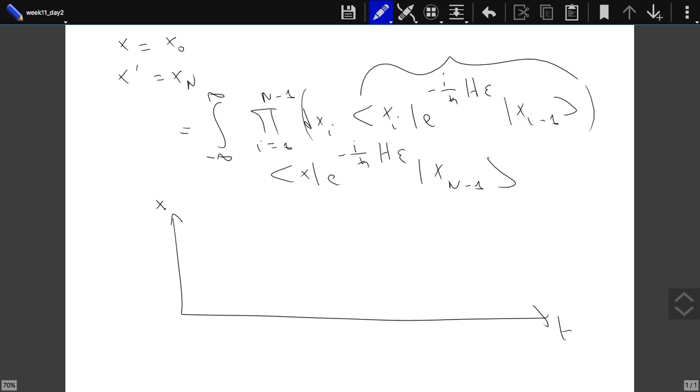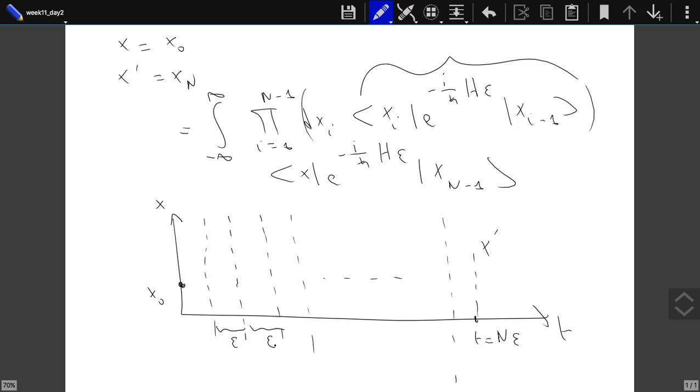At t equal to 0 we are at x_0, and at t equal to n times epsilon we are at some other point x'. What we did was divide this time evolution into intervals of length epsilon.